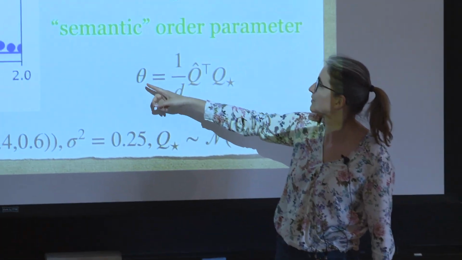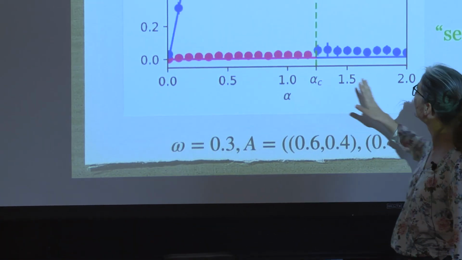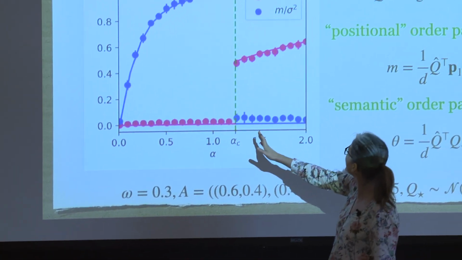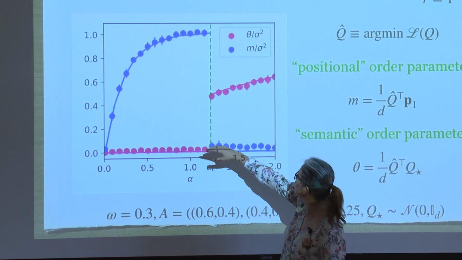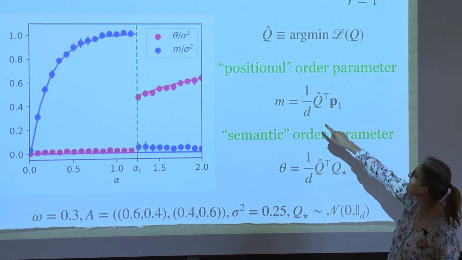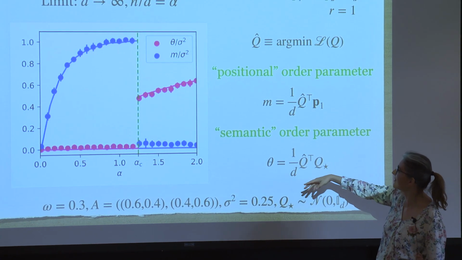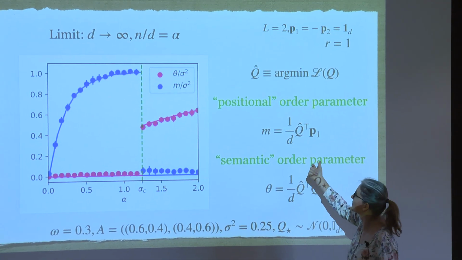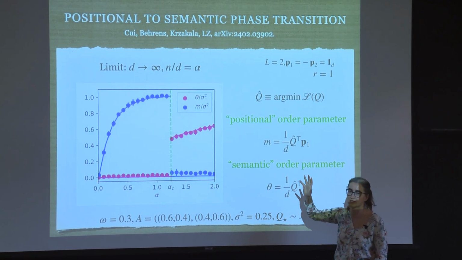That's my other order parameter. And what I see is that as a function of alpha, there is a point where, for a smaller number of samples, the positional order parameter M is positive and the semantic one is 0, and above which it is the other way around, where the positional one is close to 0 and the semantic one is positive.